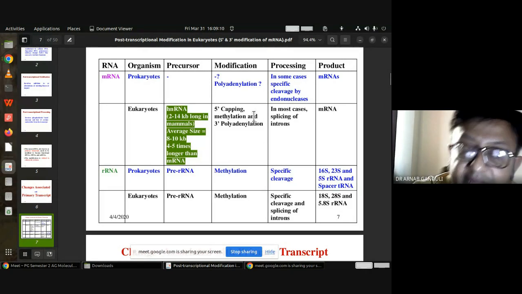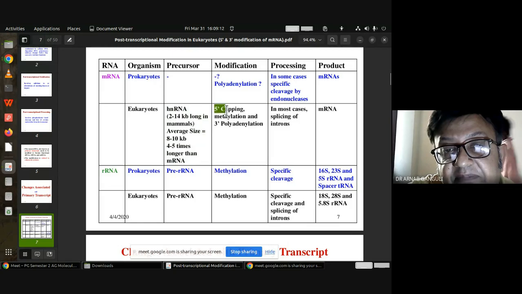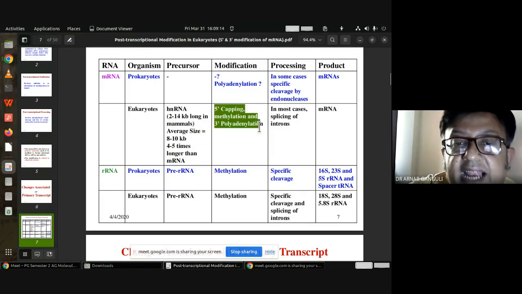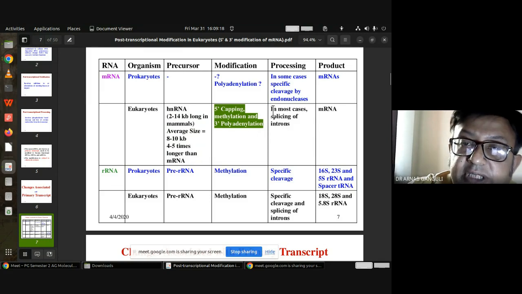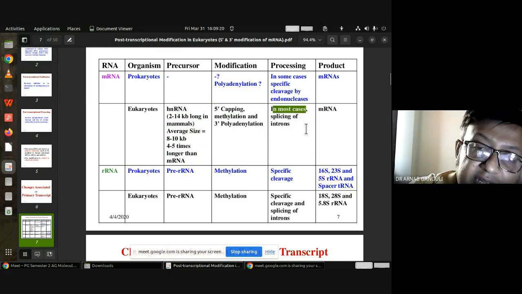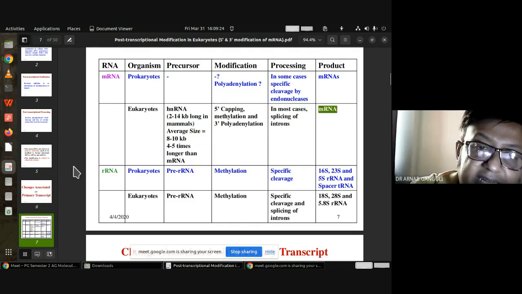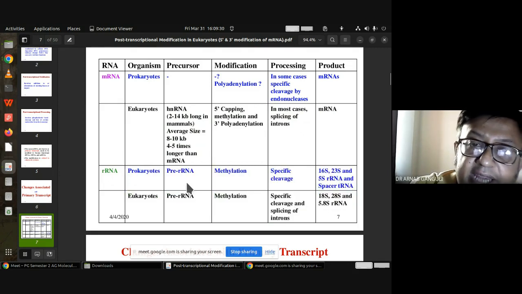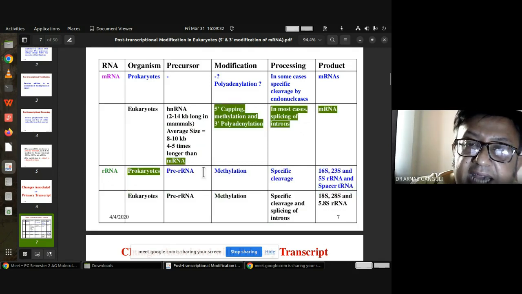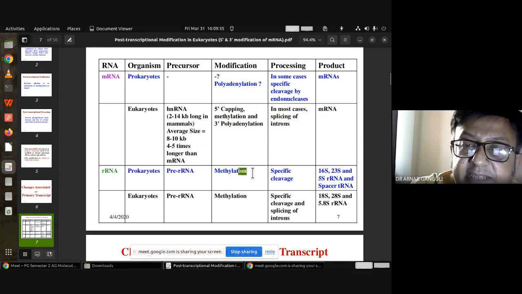So what are the modifications which take place? 5' capping and methylation and 3' polyadenylation. And the processing is splicing out of introns. And the product is a functional RNA. Then you have the ribosomal RNA. In prokaryotes, there is a pre-rRNA, methylation takes place and specific cleavage takes place.